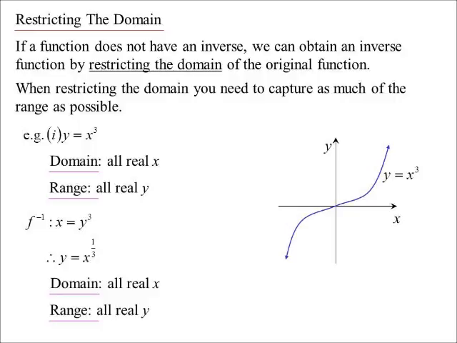The domain of the new function is now all real x, which was the old range. But the range of the new function is all real y, which, yeah, I really should get a better example. But theoretically, the domain and range have swapped.